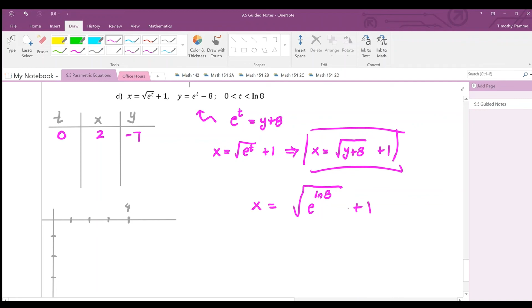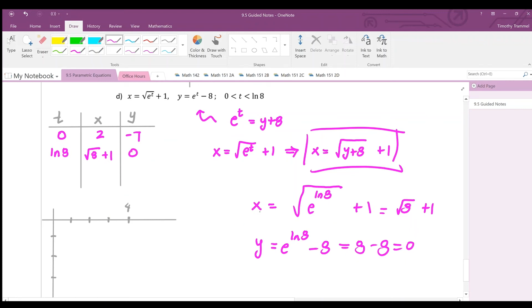So if this is the x value, this is really just the square root of 8 plus 1. And if we were to look at y, it would be e to the natural log of 8 minus 8, which happens to be 8 minus 8, which is 0. So we have our 2 points here now.